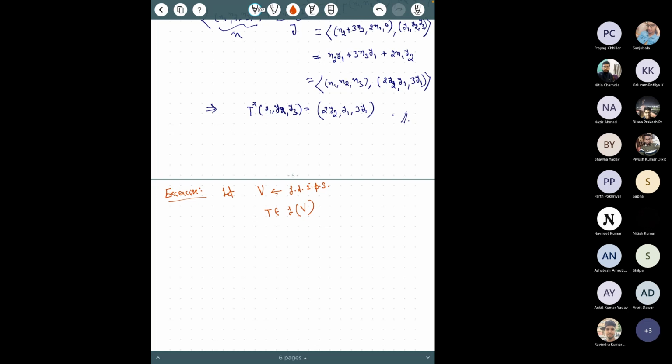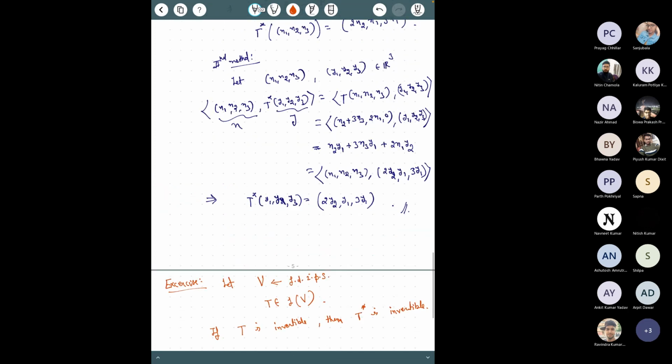Then you can say that if T is invertible, then T star is also invertible. Not only that, so you guess the statement and then I'll prove it.